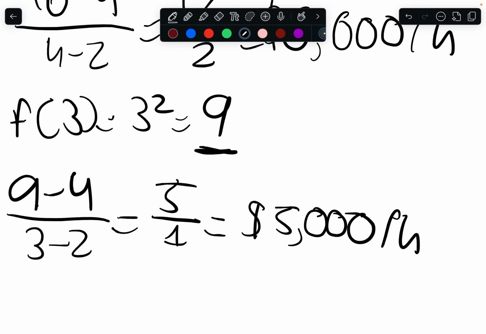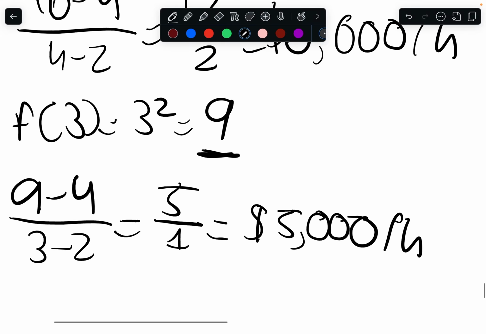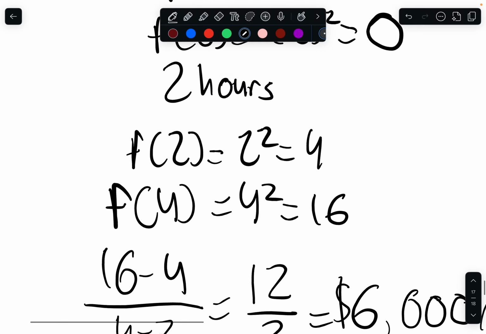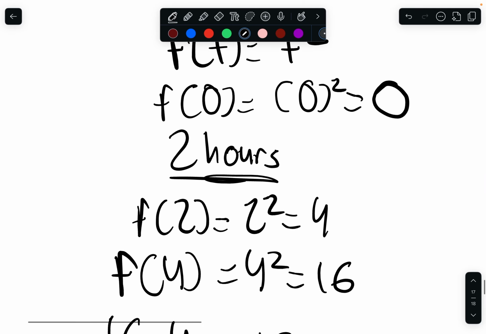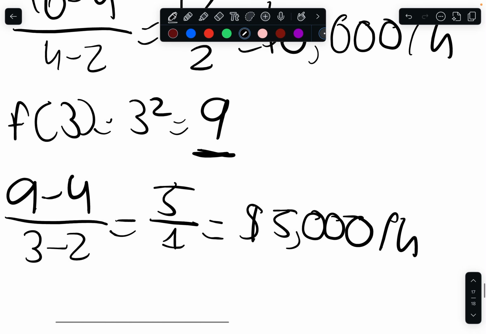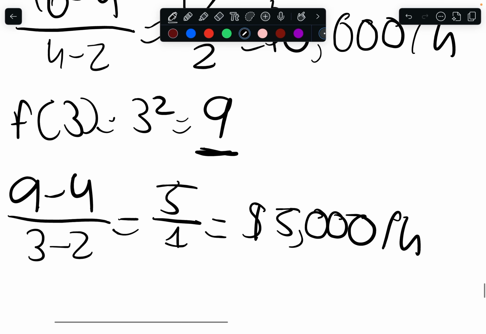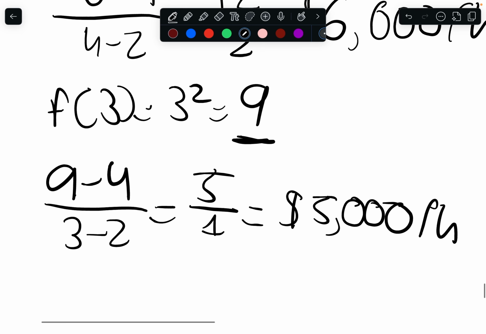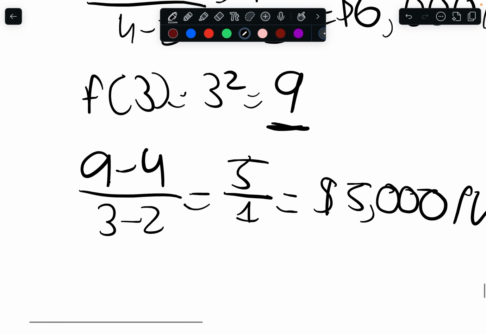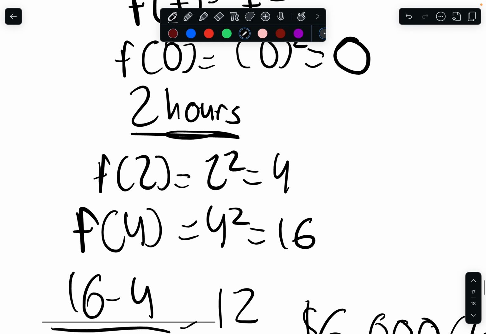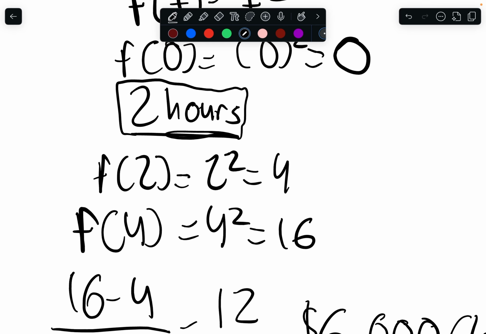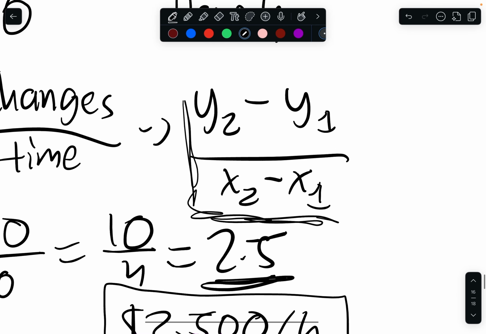Okay, notice how, like I said before, when we're getting more and more closer towards 2 hours, our rate of change is becoming more and more accurate and predictive of how our money will change. Remember how I said our goal is to get as close as possible to 2 hours when calculating our rate of change with this formula?